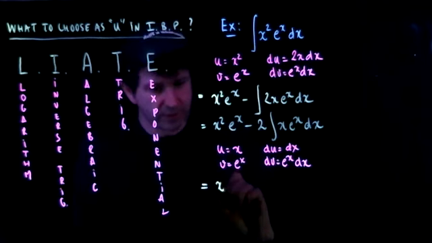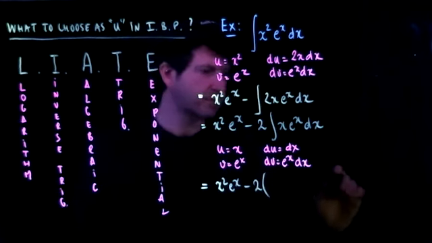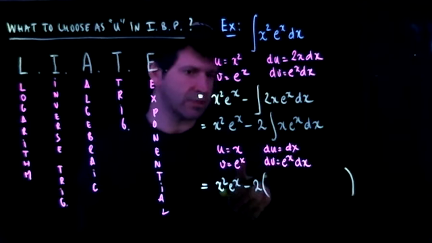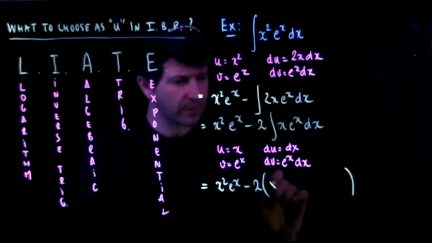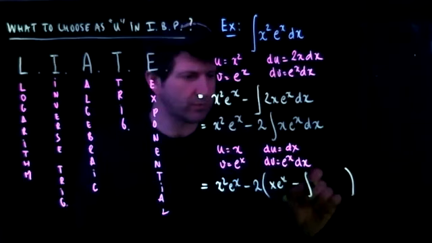So this stays x squared e to the x minus 2 times the answer of this integral, which is by parts, uv minus the integral of v du.